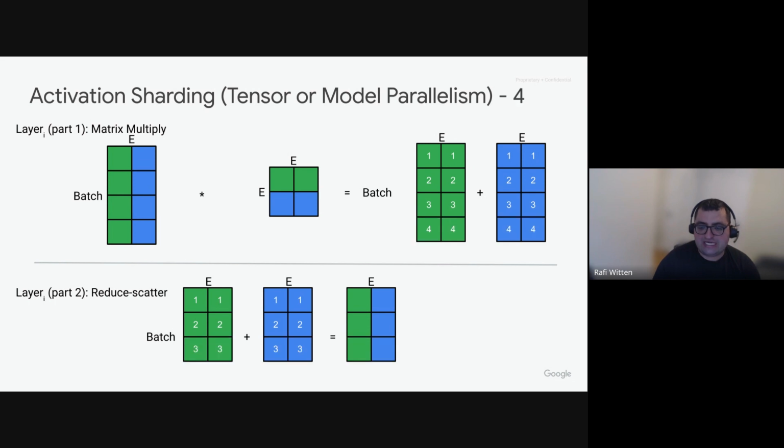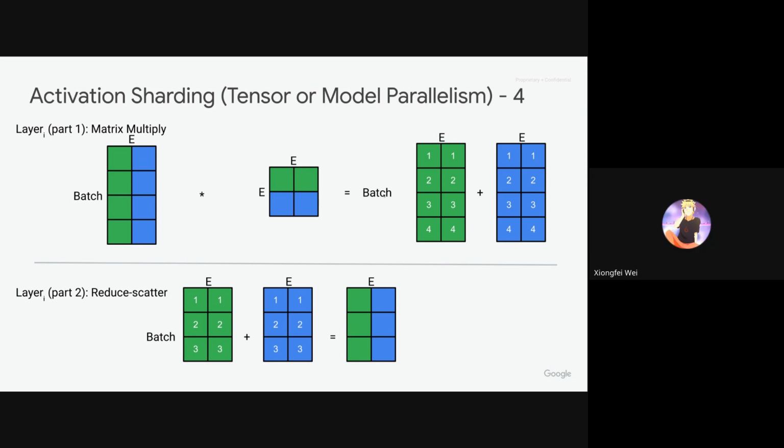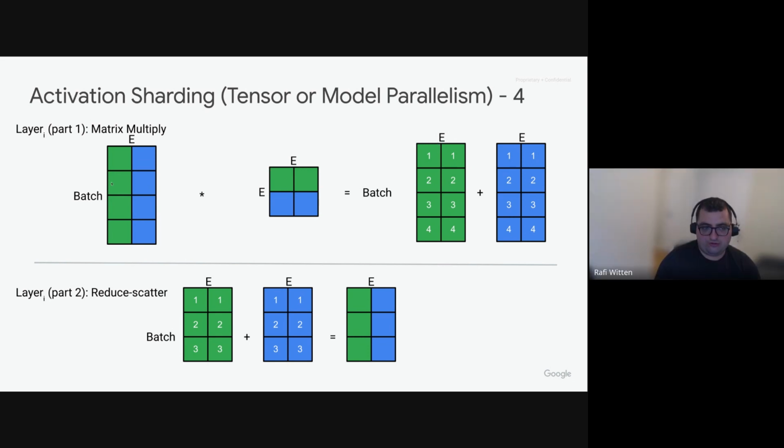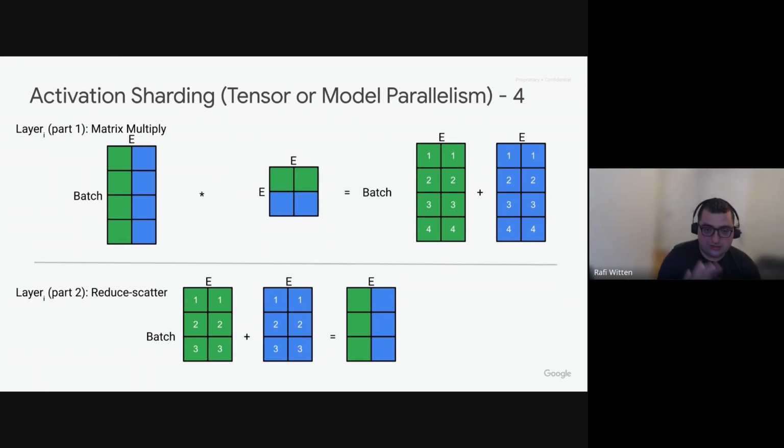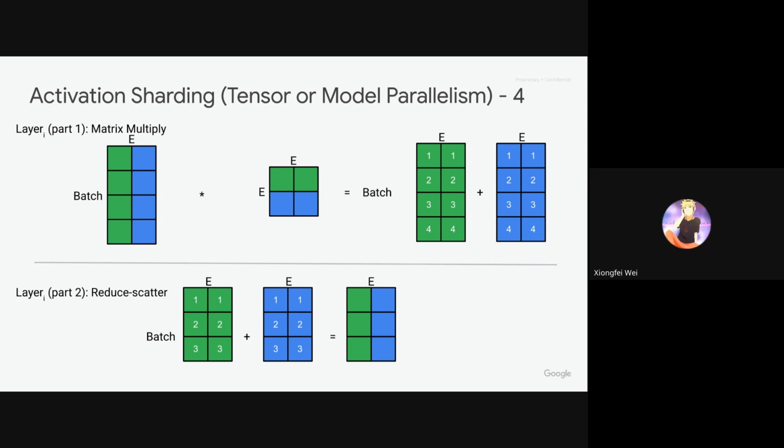But my observation is it has the same shape as the output, because the output is shaped batch by E, and the local output for multiplying the green's 2 local matrices is also shaped batch by E. Okay, thank you, Rafi. So they're both able to compute the same shape of output, but not quite the right things. And then by adding them, they compute the right things. Got it. Thank you. Great.